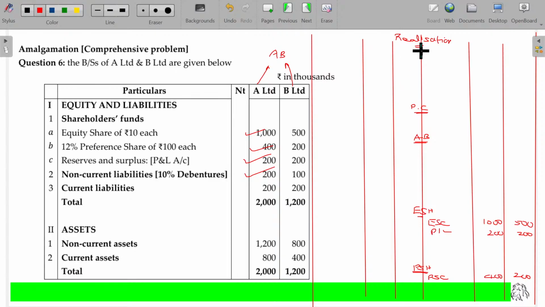Non-current liabilities, a part of liability will be shown in the credit side of the realization account.